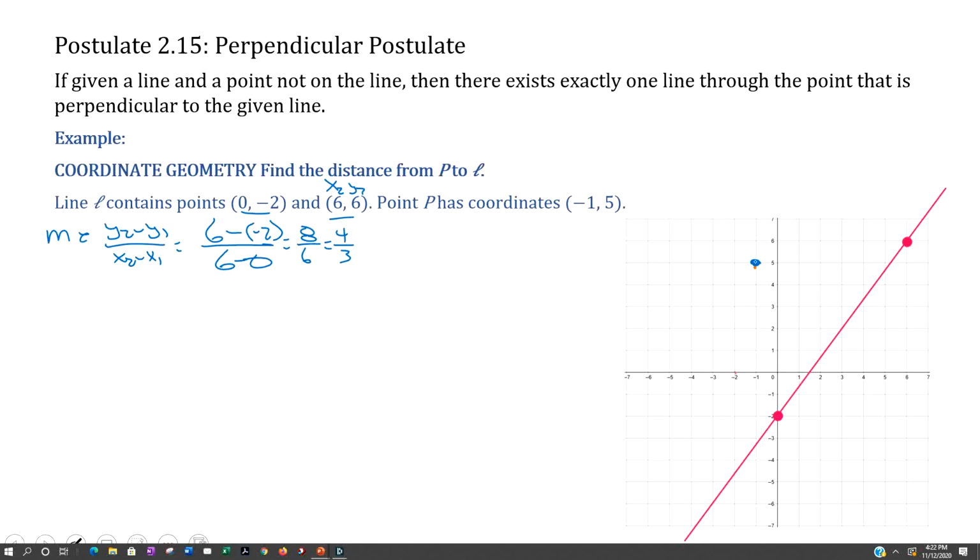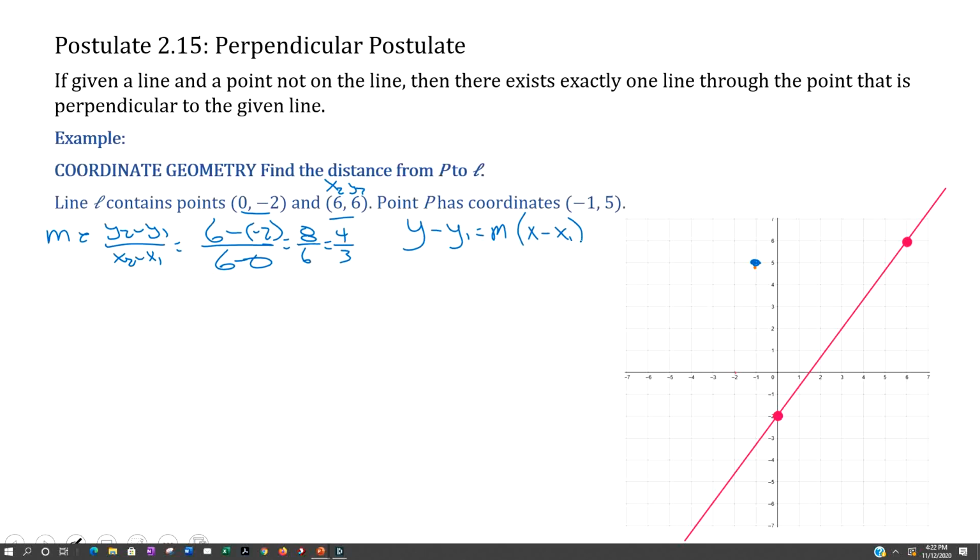So I have to see where it's going to cross. I know right away that I'm going to use the point slope form. My point slope form of a line is y minus y1 equals m times x minus x1. We remember that from the algebra review unit.